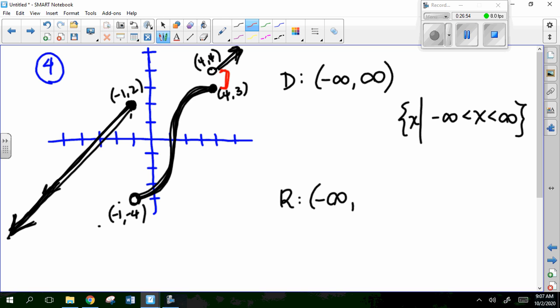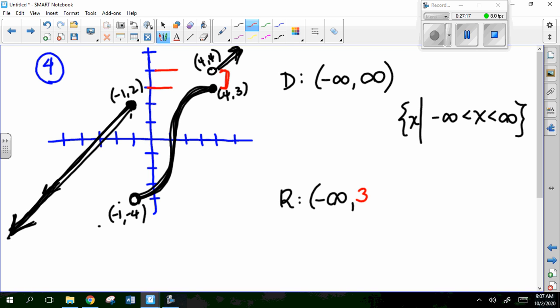Are you with me? There's a gap between a y value of 3 and a y value of 4. There's no graph. There's no black connected line. So that means my range actually has to stop at 3.